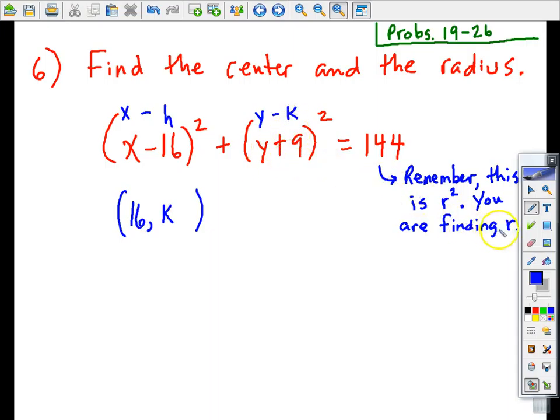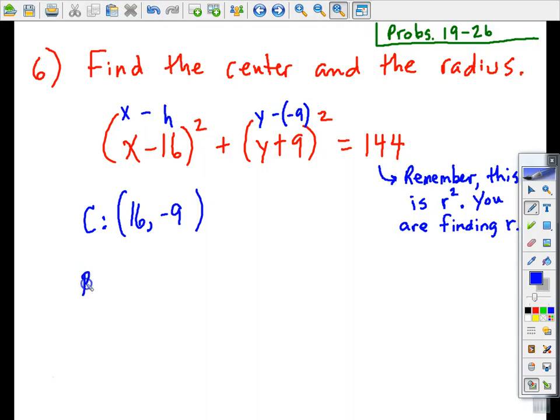And k in this equation, since we're adding, then k must have been -9. So I guess you really are thinking opposite here. So my center is the point 16, -9.